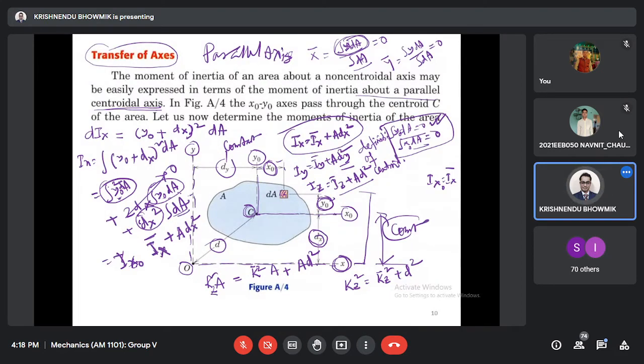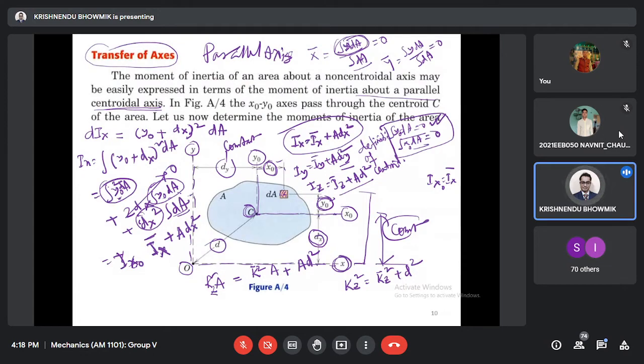Somebody can easily show this. So this theory says that whenever you have one centroid and you know Ix and Iy with respect to the centroid, somebody can transfer the axis from the centroid, provided the new x-axis is parallel to the previous centroidal axis and the new y-axis is parallel to the previous centroidal axis.